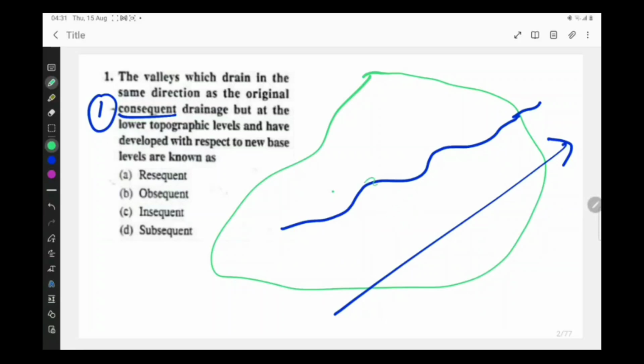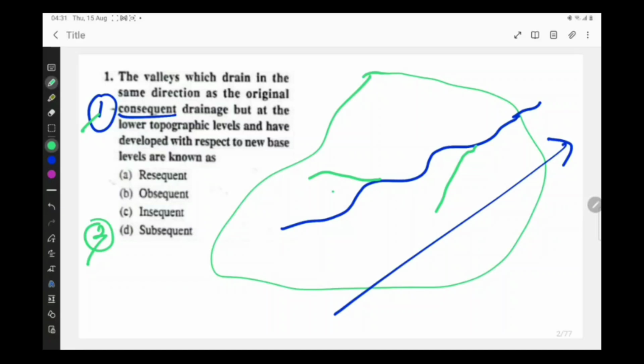There are several other streams, the tributaries of this stream, which are the second highest order streams, and these are called subsequent. The highest order are consequent, the second highest order are subsequent.